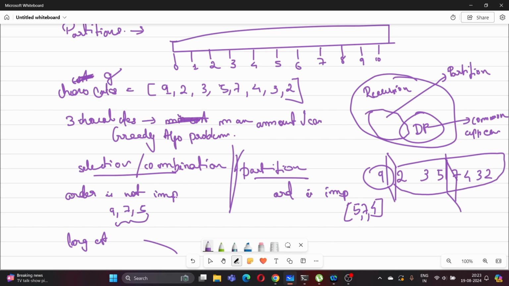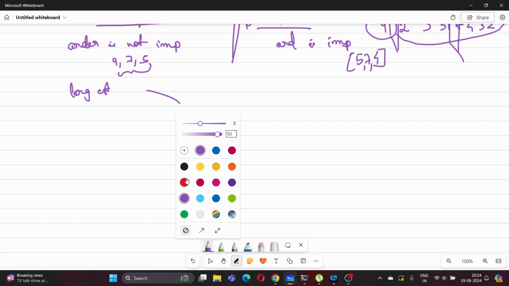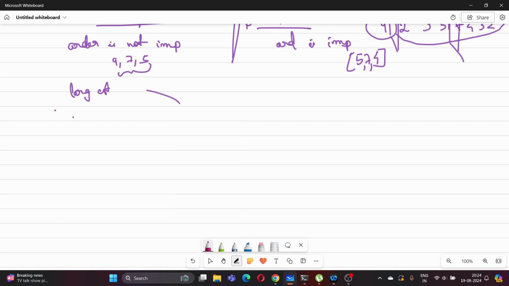Now let me just summarize what I said so that it would be a little bit clearer. Let's change the color. Partition is basically when it is ordered, right? Ordered.